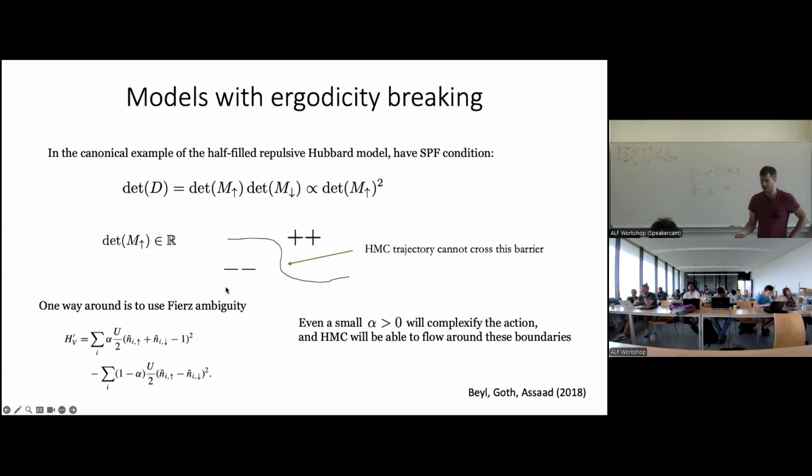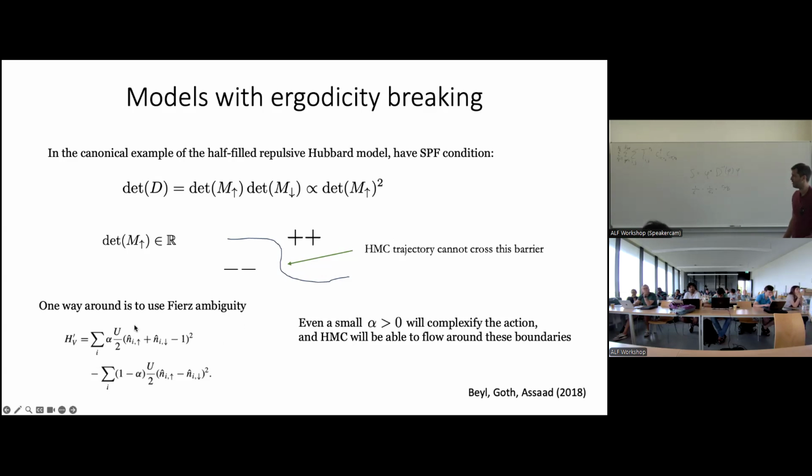In other words, the potential energy term in the Hamilton equations diverges. So, specifically for the Hubbard model, one way around this is to use this fierce ambiguity.